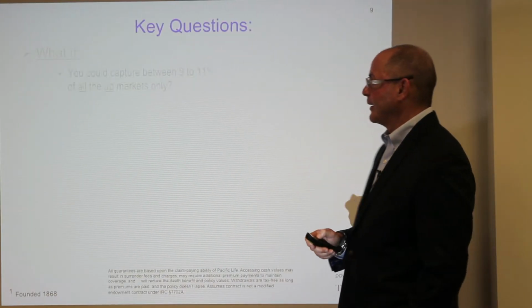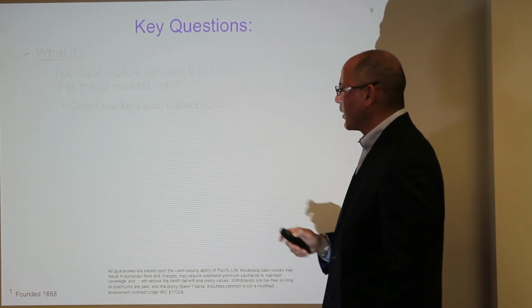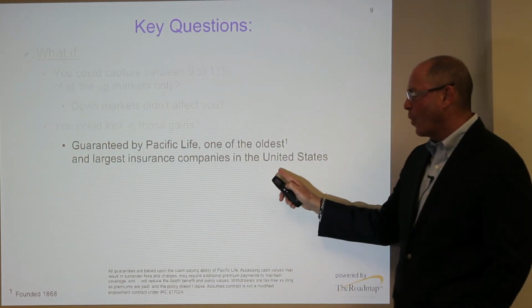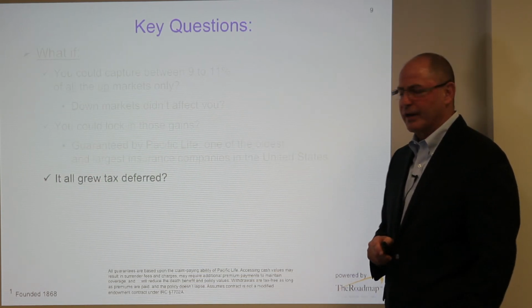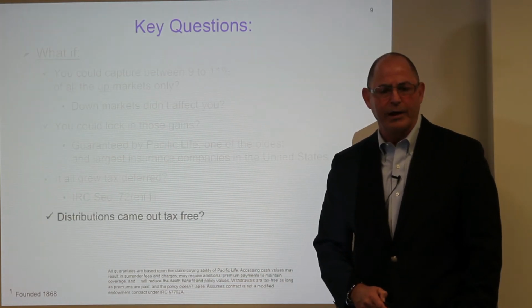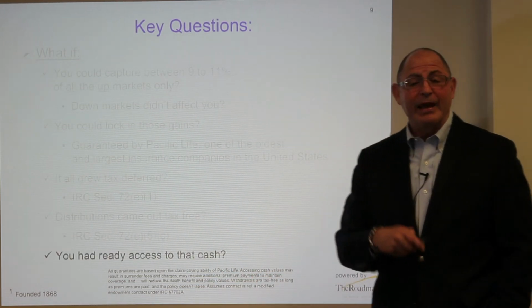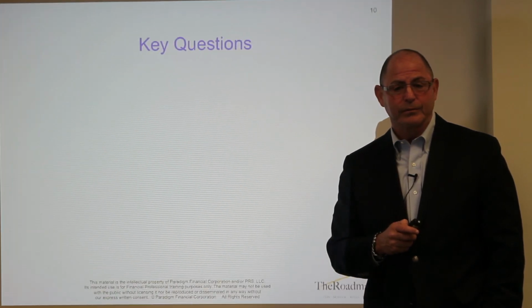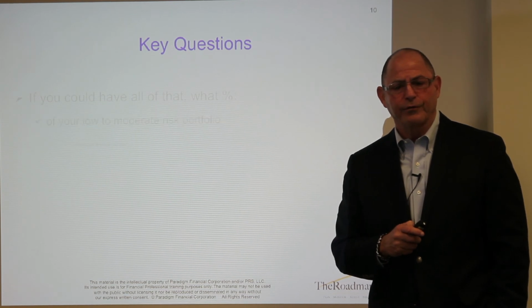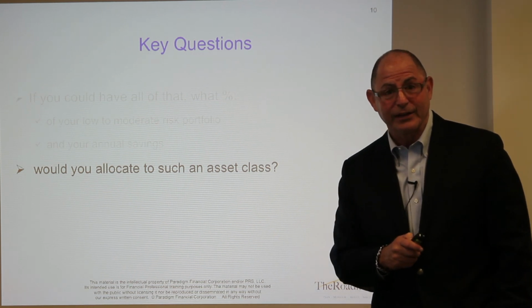So Mr. Client, if you could capture between 9 and 11% of all the up markets only, if down markets didn't affect you, if you could lock in the gains guaranteed by Pacific Life, one of the oldest and largest insurance companies in the United States, if the IRS said it all grew tax deferred under Section 72(e)(1), if the money came out tax-free under Section 72(e)(5)(C), and if you had ready access to that cash, if you could have all of that, what percentage of your low to moderate risk portfolio and your annual savings would you allocate to such an asset class? And I think the answer is 100%.